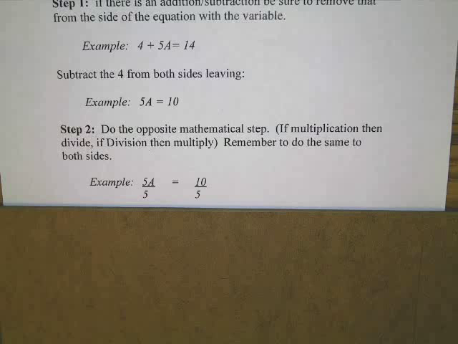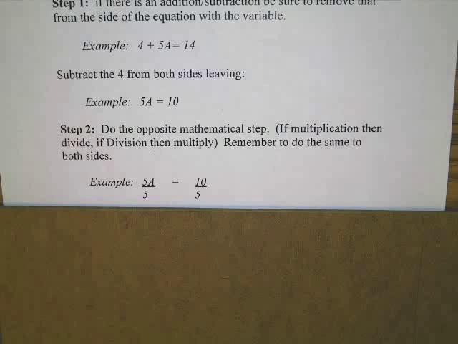What does 5a represent? Adding, subtracting, multiplying, or dividing? It represents multiplication, right? When we see a number and a variable sitting next to each other, we know we multiply them. So the opposite of multiplication is division, so we're going to divide by the same number, because if we divide a number by itself, we always get 1.